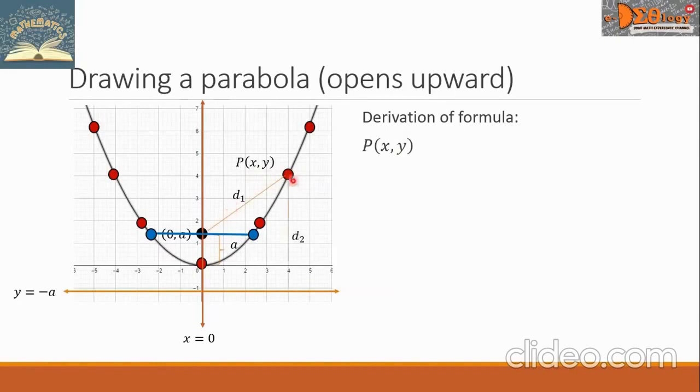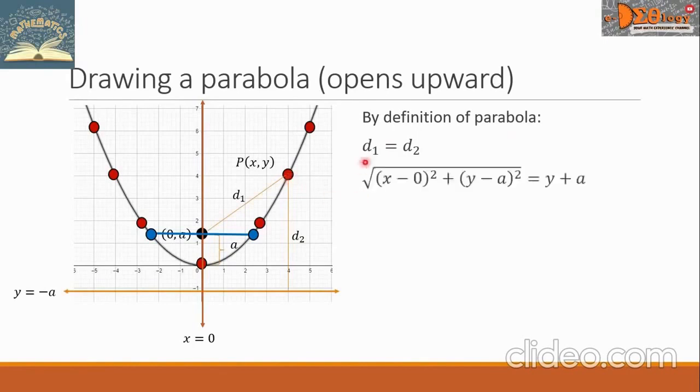And then we take the distance from the moving point to the directrix. We denote this as d sub 2. By definition of parabola, we say that d sub 1 equals d sub 2. Take note, d sub 1 is the distance between 2 points, so we use the formula for distance between 2 points.